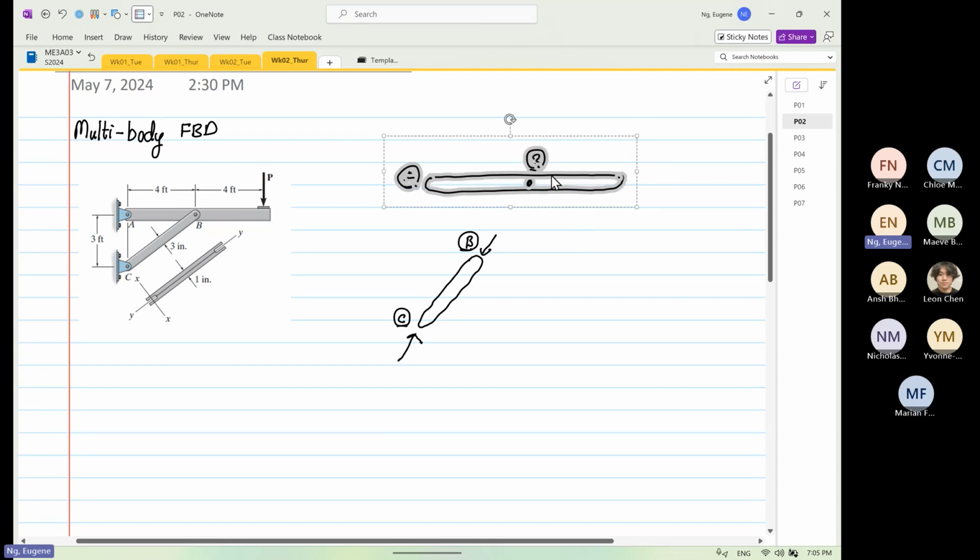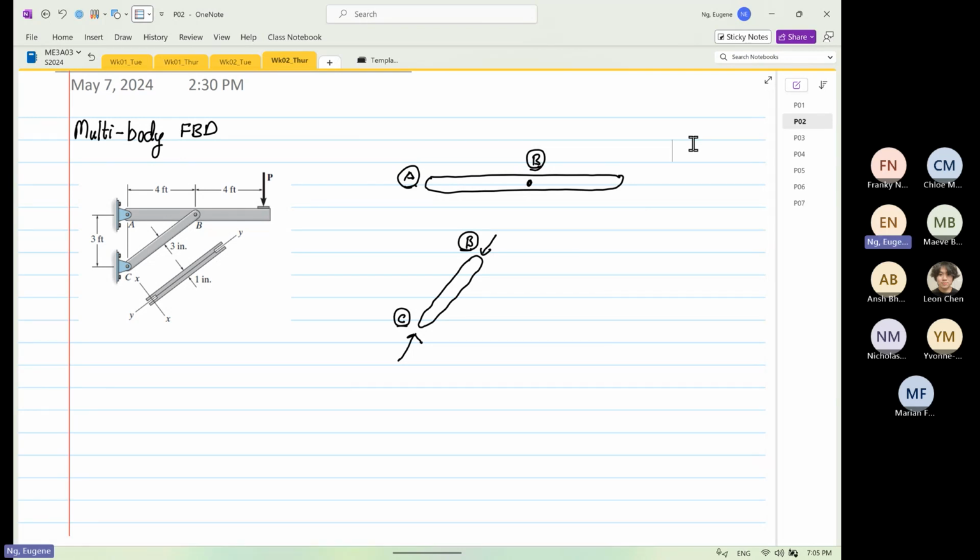And due to the fact that we have to obey Newton's third law on member AB, B is in compression, so the reaction at B on member AB, and over here member BC.